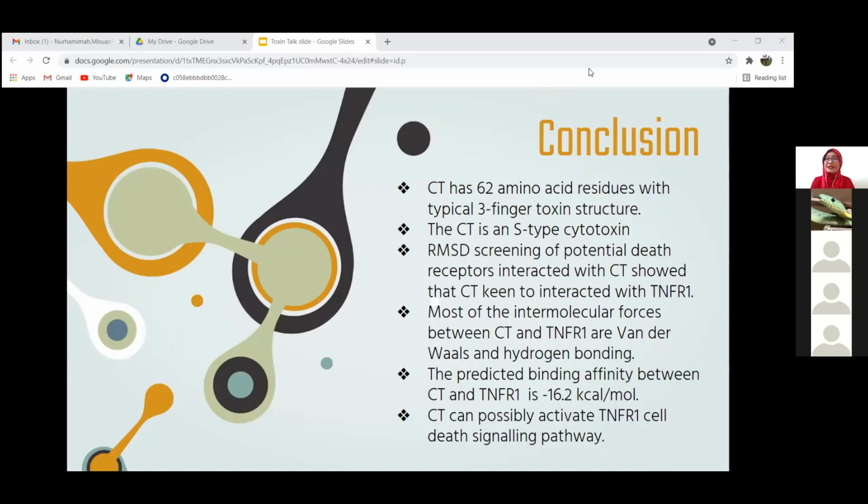The predicted binding affinity between CT and TNFR1 is negative 12.2 kilocalorie per mole. And from this finding, we can see that CT can possibly activate the TNFR1 cell death signaling pathway.